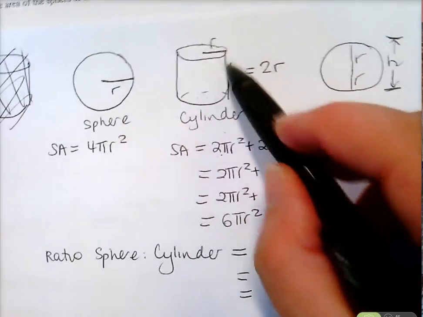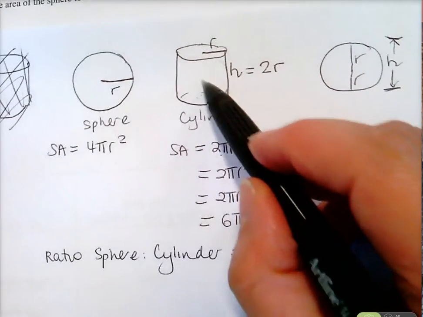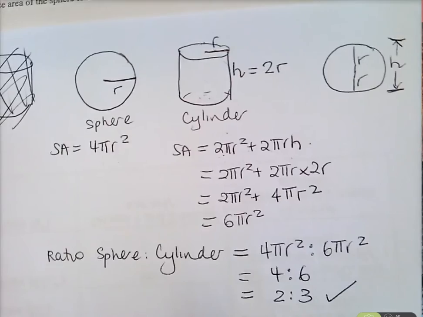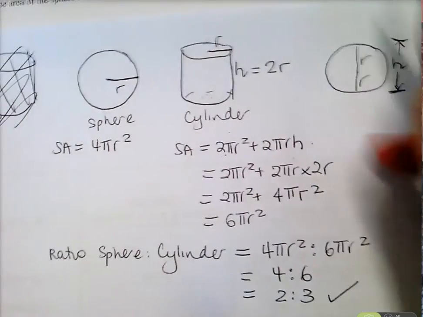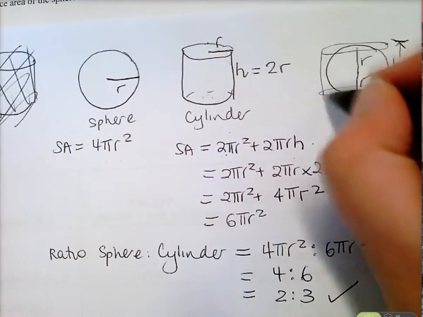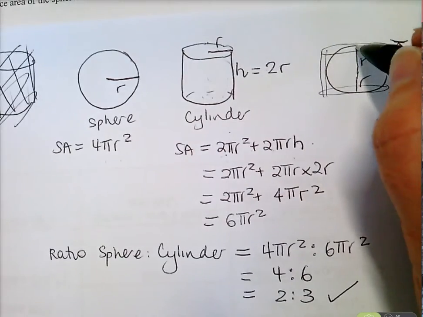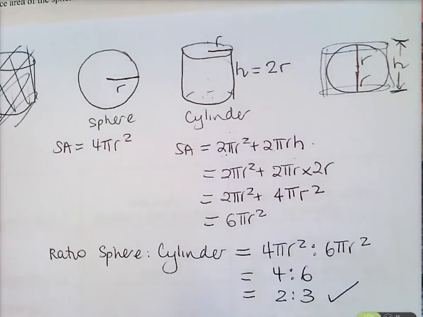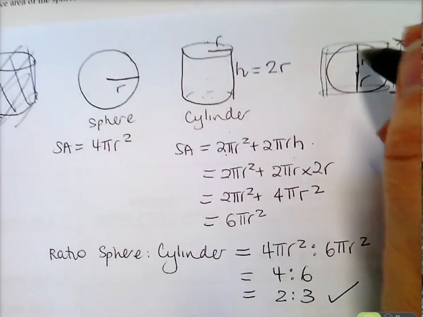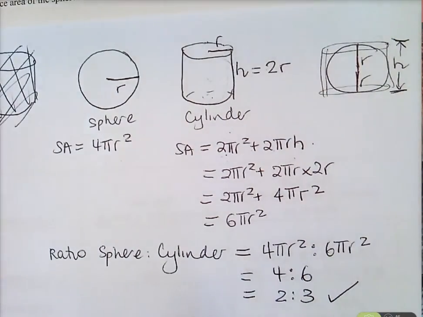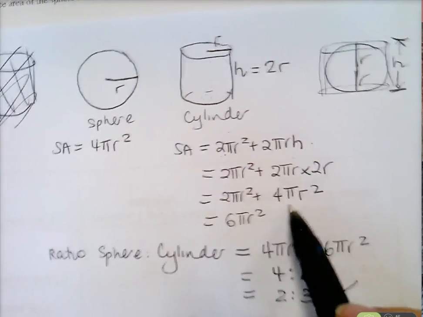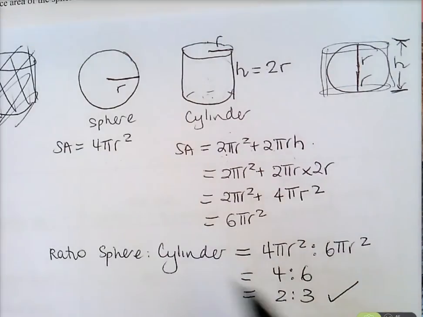But because the H is 2 lots of the R, as in that diagram, the height of the cylinder is an R and another R, because whenever they ask questions about tennis balls sitting inside of, 3 tennis balls in a pack, stuff like that, you've got to do that. R, R, R, R. Keep going. Okay, girls? Then it's all in terms of R. And now you can do the ratio.